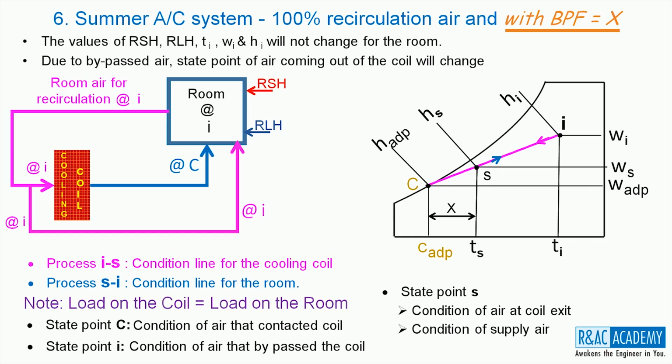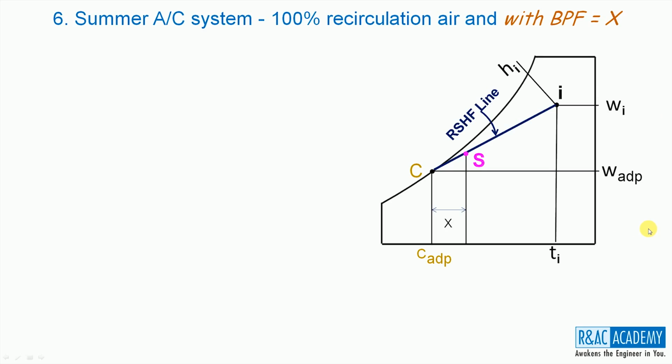Then, will the room be gaining additional heat due to this? The answer is no. It is because both the room air and the bypassed recirculation air are at state I and hence there is no additional load on the room due to the bypassed air. Let us now get into the design calculations part.